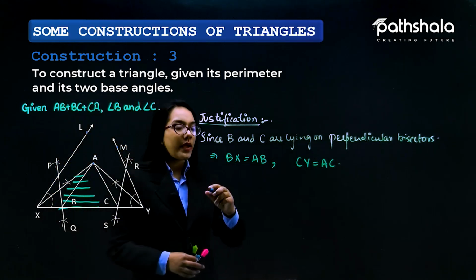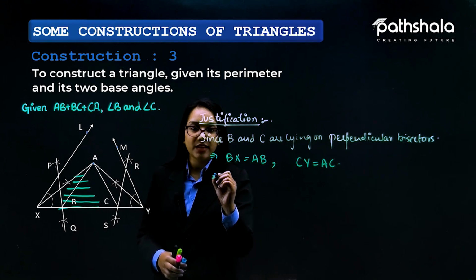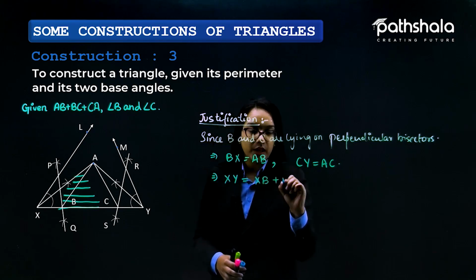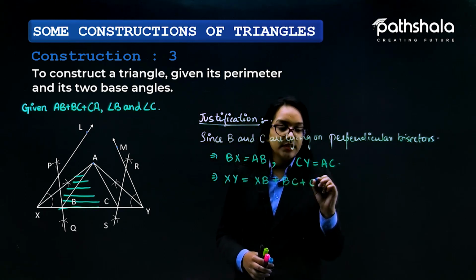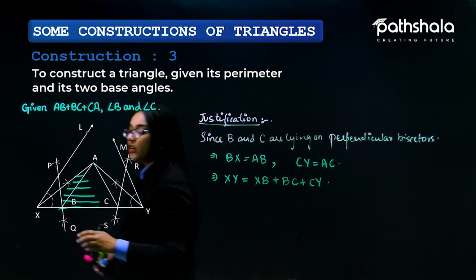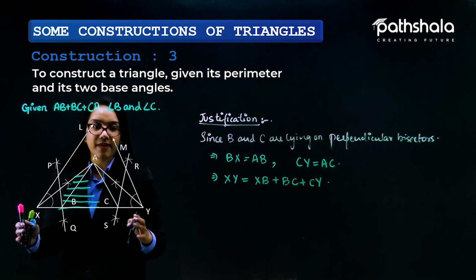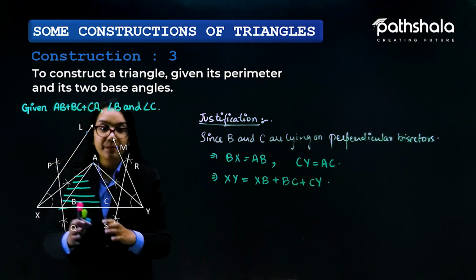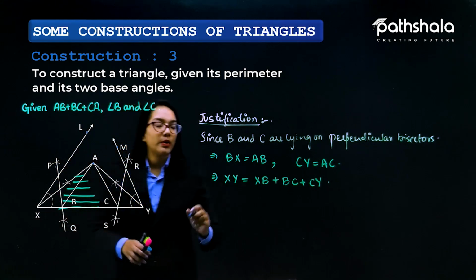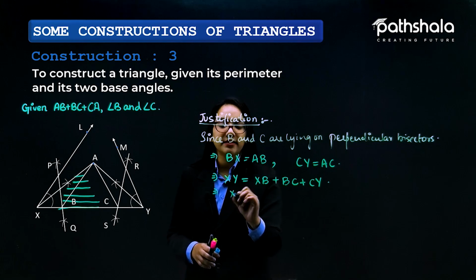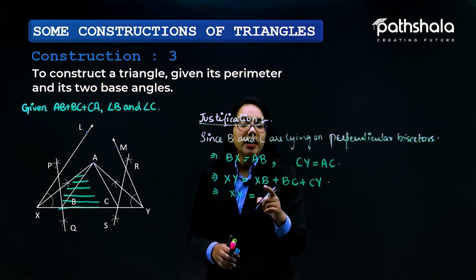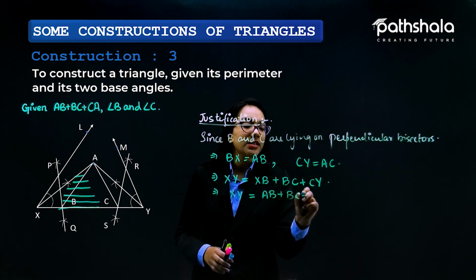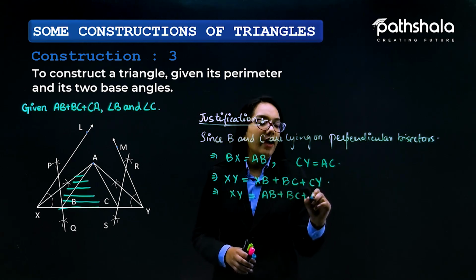to each other. So hence at the end, we can say that XY is equal to XB plus BC plus CY. As you can see over here, this whole line segment XY is divided into three portions, meaning XB plus BC plus CY. So we can further write XY as equal to XB, in place of XB we can write AB, plus BC will remain as it is, plus CY, in place of CY we can write AC.